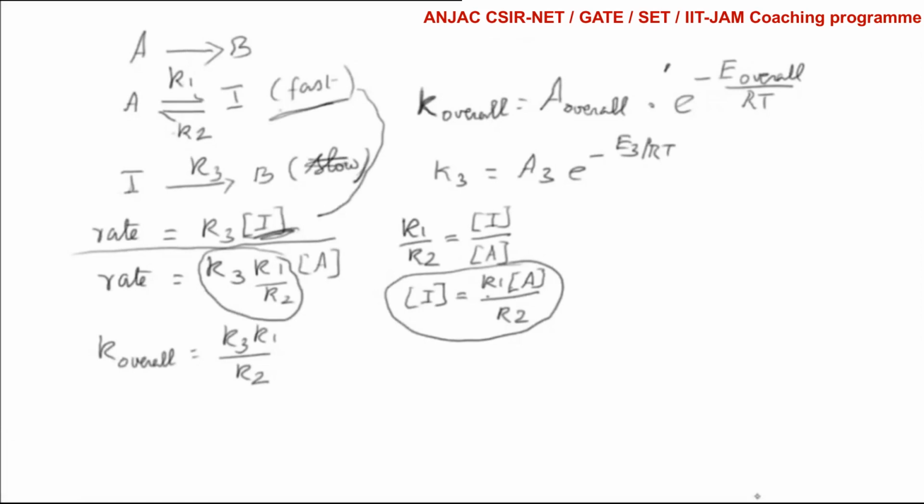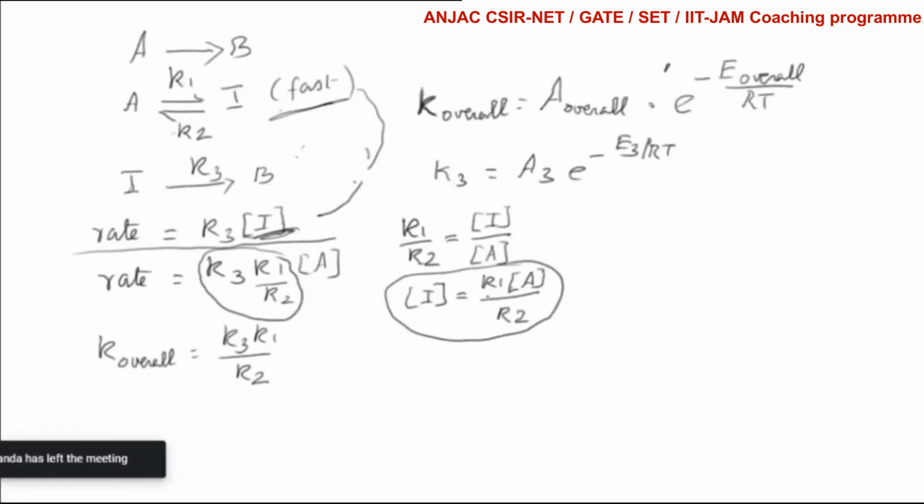Instead, if the slow step is not given, which method should you go for? The steady state approximation method. Here, for K3 and K1, which is faster and which is slower, we don't know. Then you should apply the steady state approximation. Do you follow this? Here one step is said to be the slowest step.